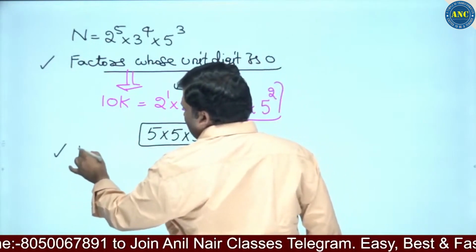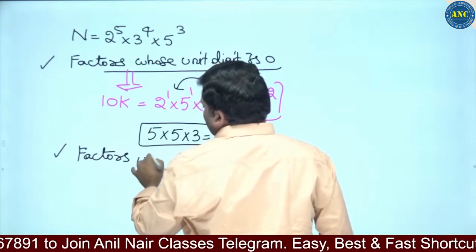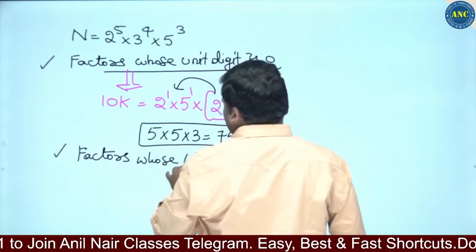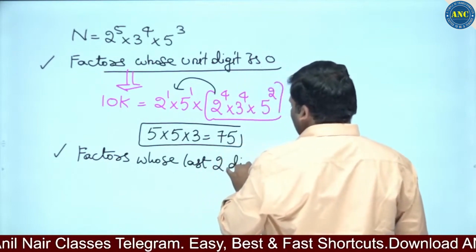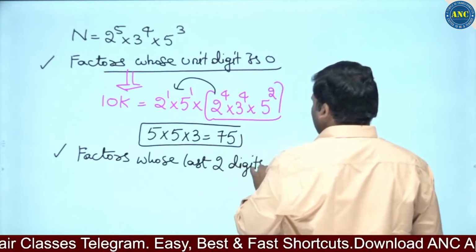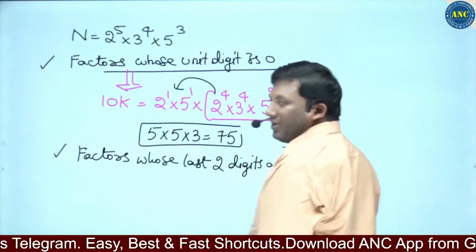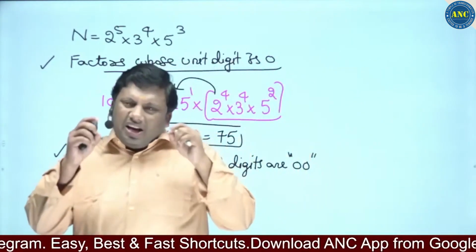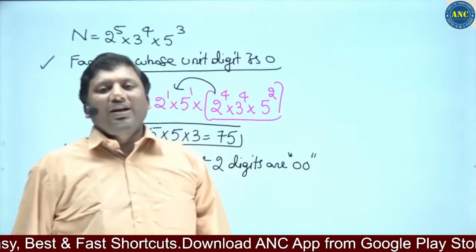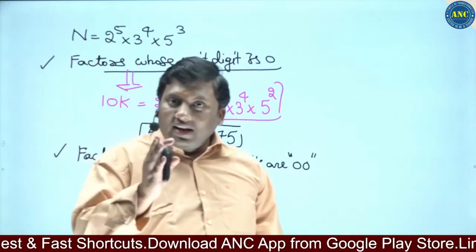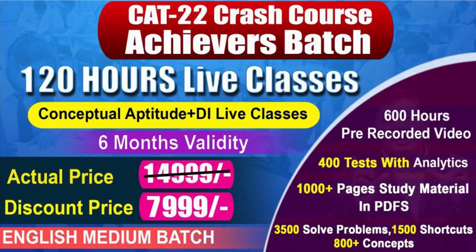Similarly, if the question is factors whose last two digits are 0 0. What we have to do is, what is the smallest natural number where the last two digits are 0 0? 100 is one number, 200 is another number, 300 is another number.